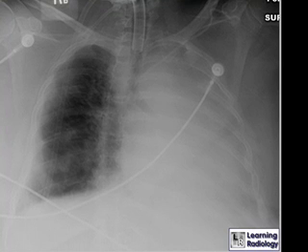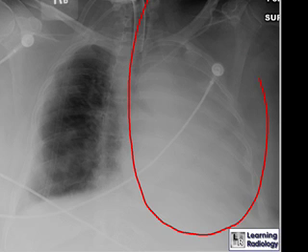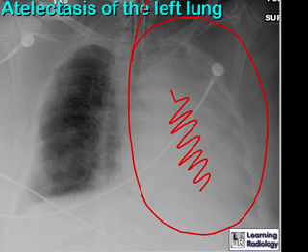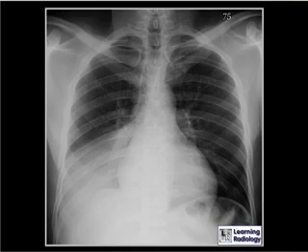And this is such a case in which the individual has atelectasis of the entire left lung, which makes the left lung airless and the same density as the heart, and therefore the interface between the left heart border and the left lung disappears. An example of the silhouette sign.